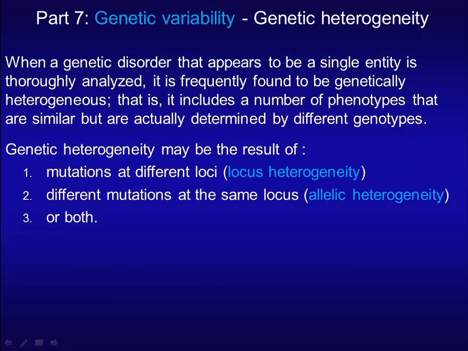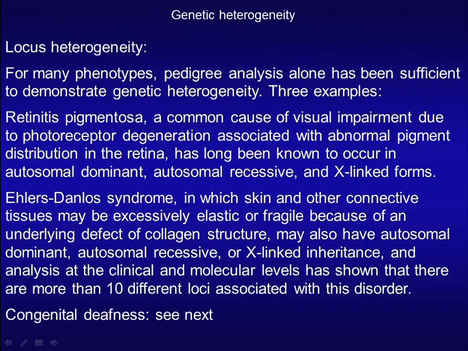Genetic heterogeneity may result from mutations at different loci. This is called locus heterogeneity. Different mutations at the same locus is called allelic heterogeneity. Or it may be both.